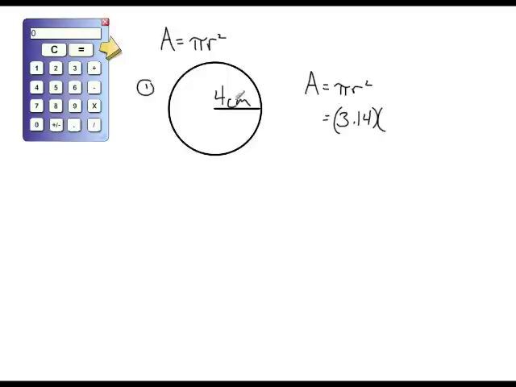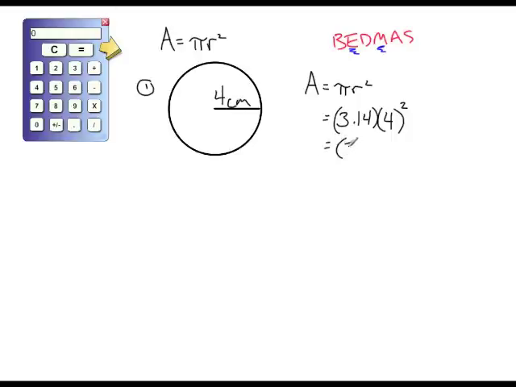And from the question we know that the radius is 4 centimeters and this is squared. Now in order to solve this, you're going to have to remember how to do your order of operations, which means you have to remember BEDMAS. And BEDMAS is important in this case because you have to remember to do your exponent before you do your multiplication. So let's do the exponent now.